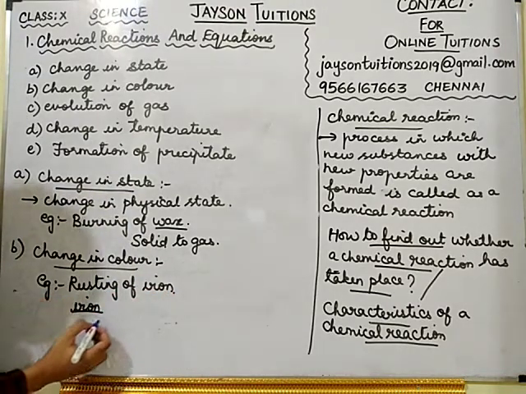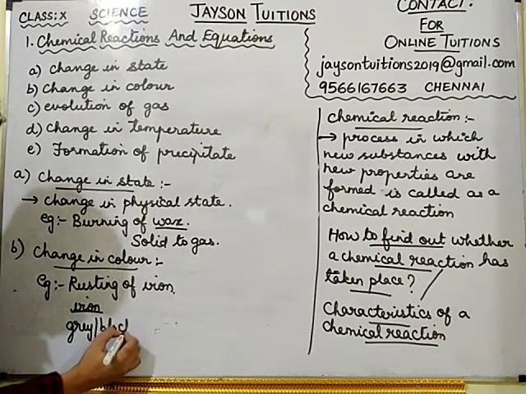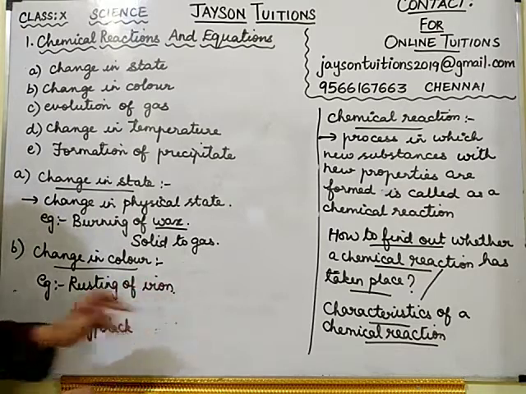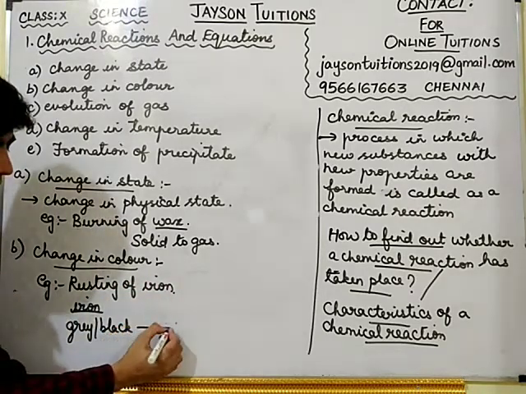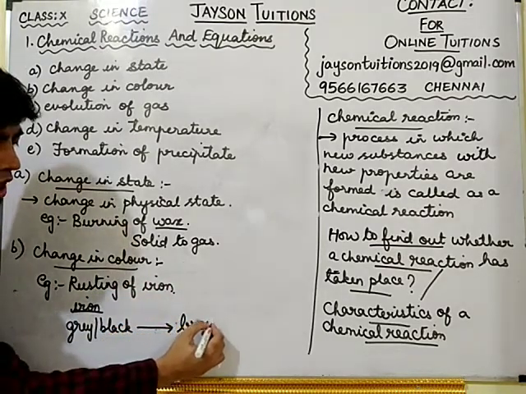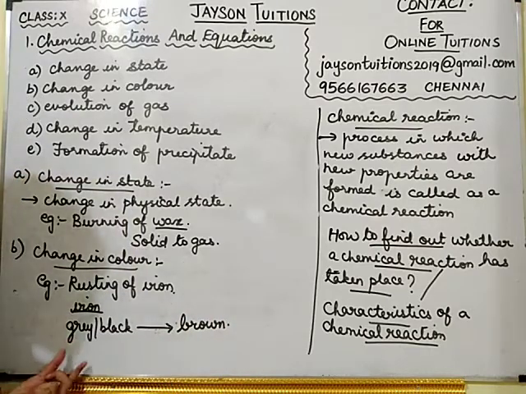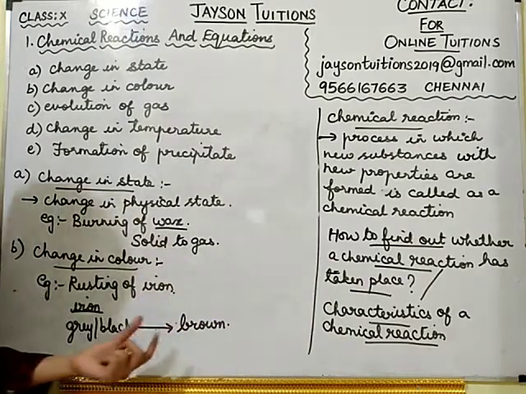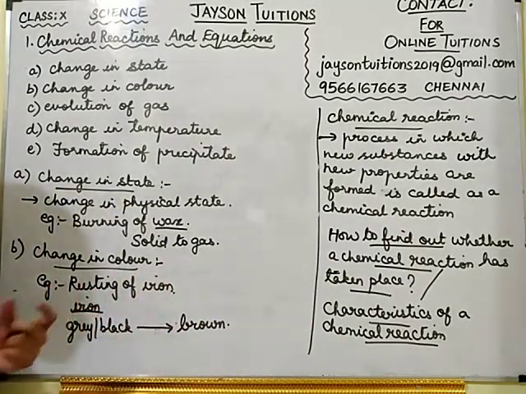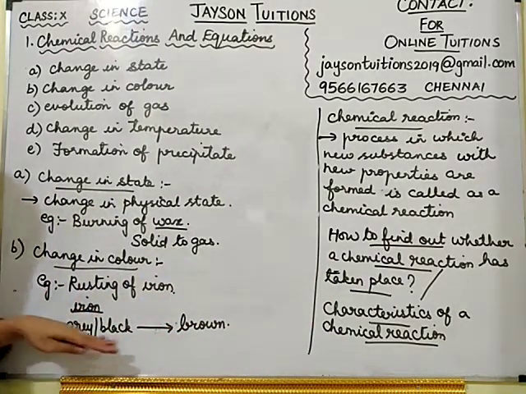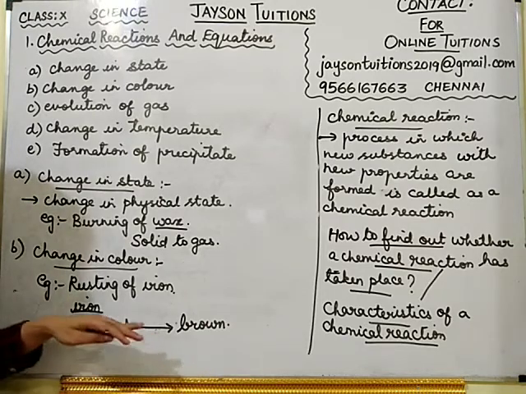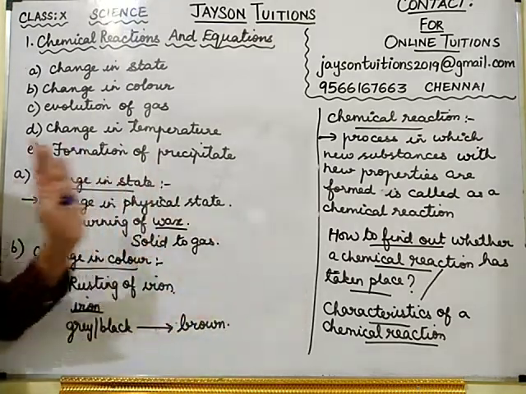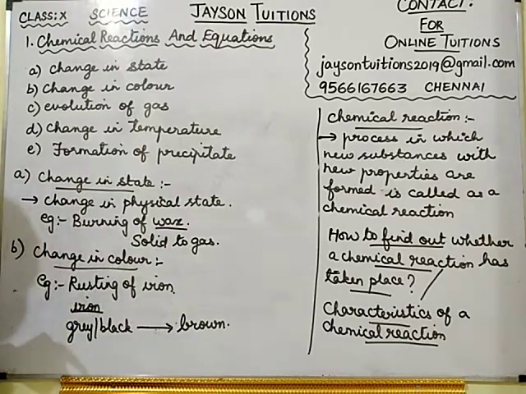Before rusting, the iron will be in gray color or some blackish color. Yes or no? After it rusts, what will happen? The color will change into brown color. So why is this color changing? Because a chemical reaction has taken place. Because of that only the color is changing. So whenever there is a change in color, we can say a chemical reaction has taken place.